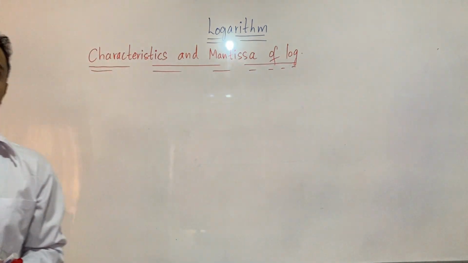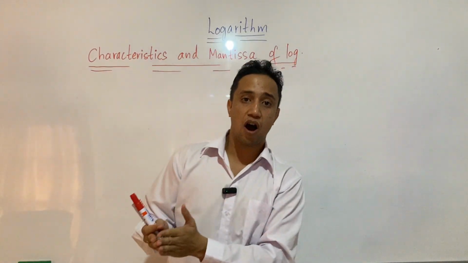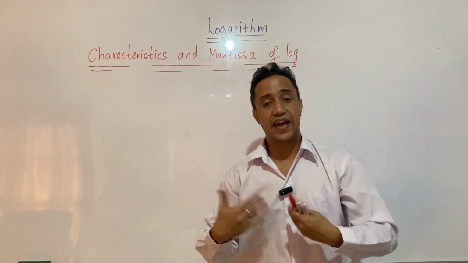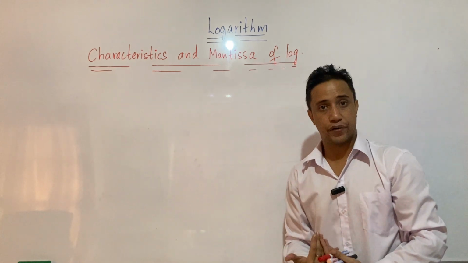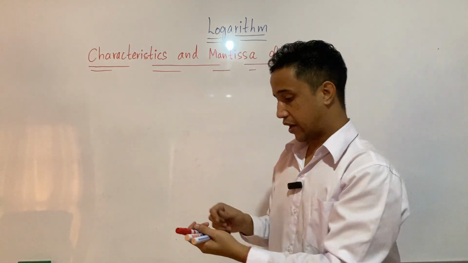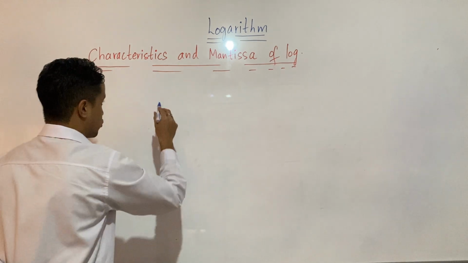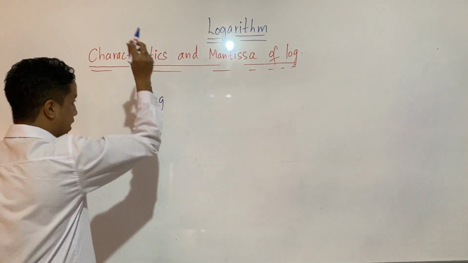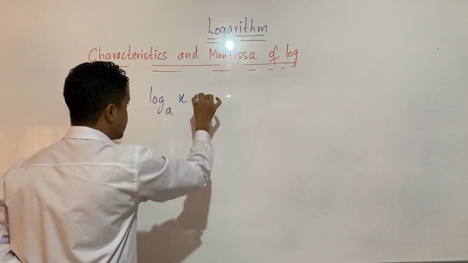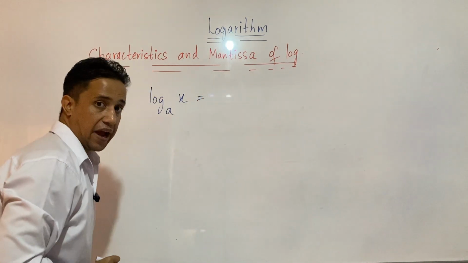Now, whenever we find the logarithm of any positive number, we get some value in return, or I can say we get some value as the answer. So, for example, what I'm trying to say is that if I am taking the logarithm of any number with any base, then I am going to get something as my answer.